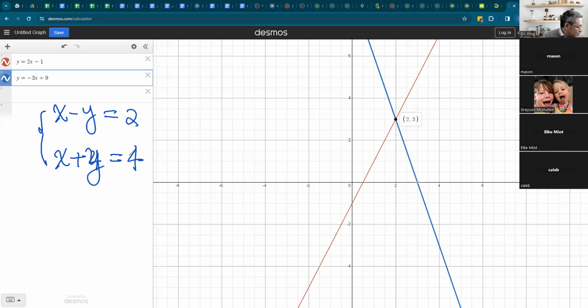You can just use a graphing paper and a ruler to do this, just like you did for graphing linear equations. If you get answers, type them in the chat.